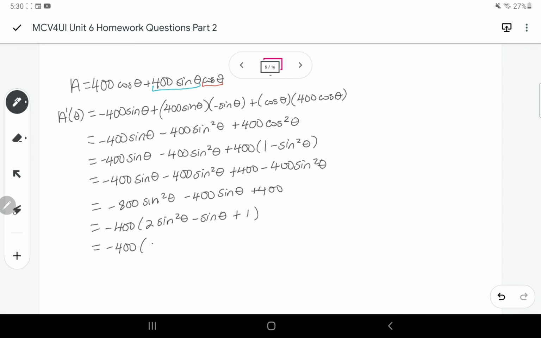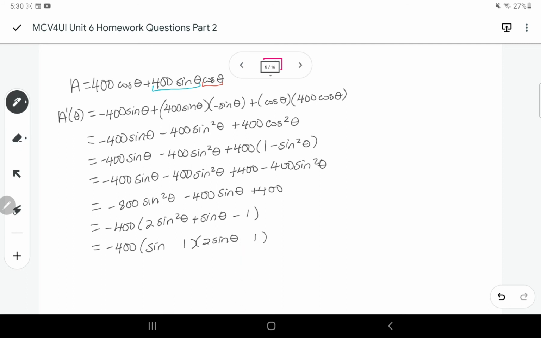Minus 400, so I get 2 sine theta and then 2 sine theta, and that's minus 1 and plus 1. And I'm missing something. Oh yeah, this was a minus. When I factor out the negative 400, that would leave me a negative there, whoops, and a positive there. So I mixed up my signs when I was factoring.